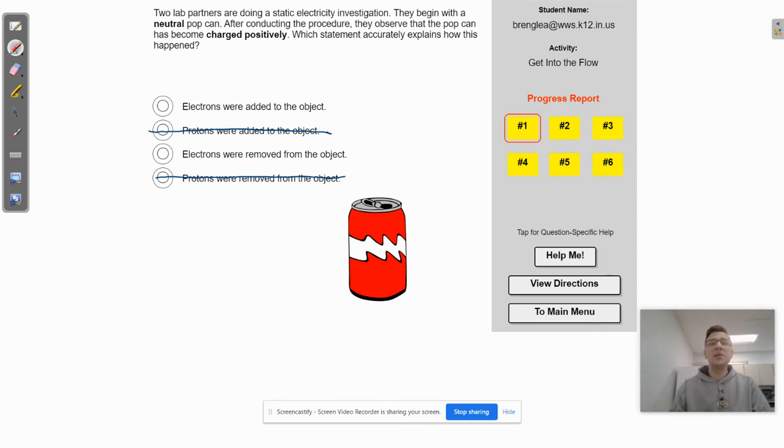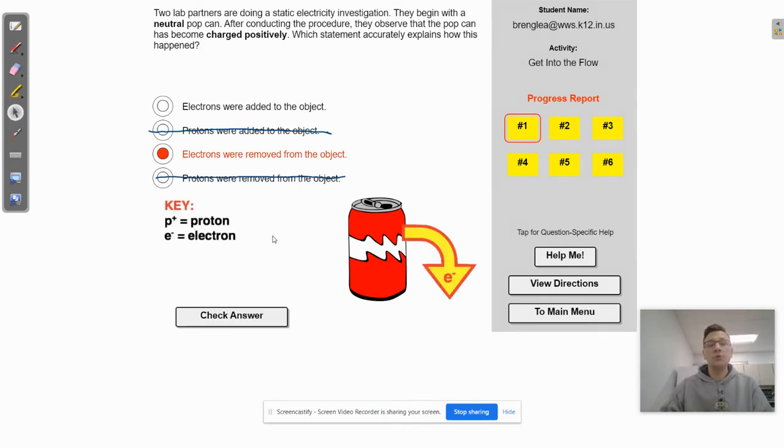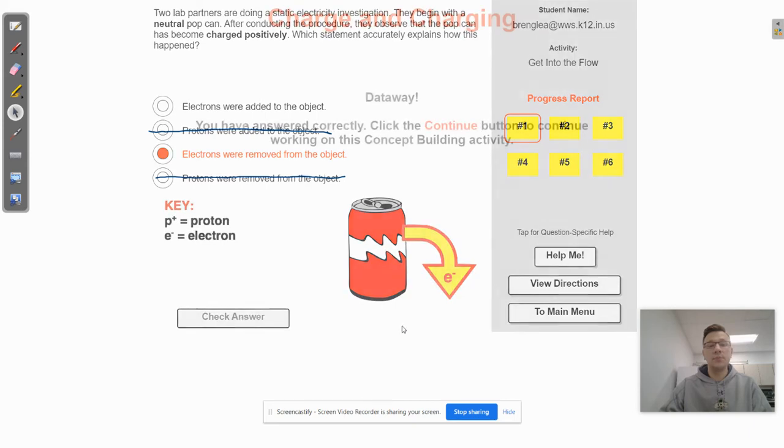Since this says that the pop can was neutral, meaning the protons and electrons are equal, and then becomes charged positively, that means electrons had to leave the can, so there are fewer electrons than protons. So the answer we're going to choose is that electrons were removed from the object.